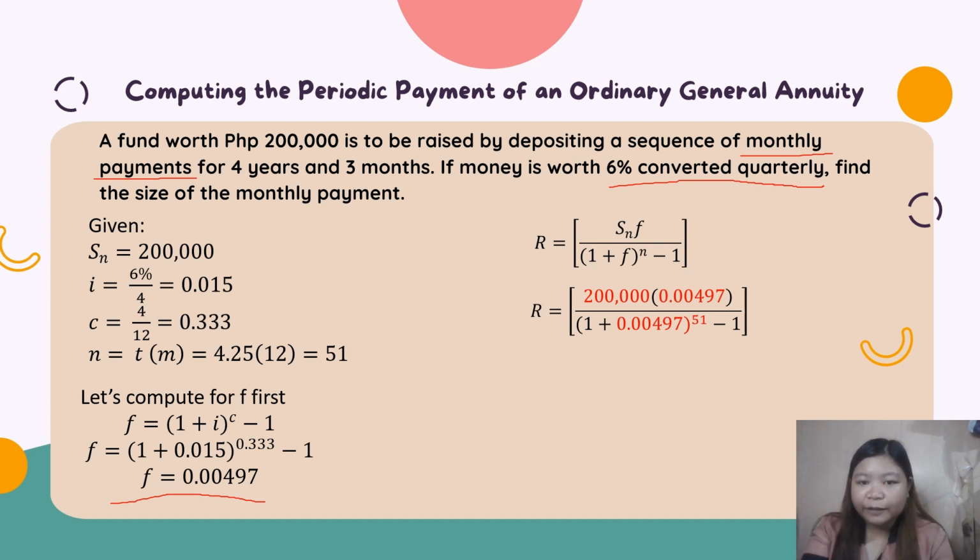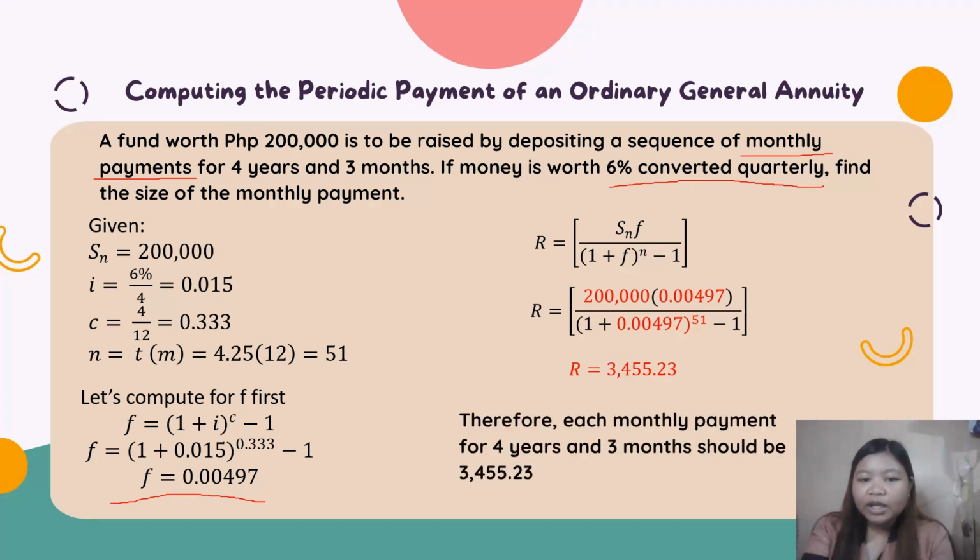So use your scientific calculator to solve this one. So we have now 3,455.23. Therefore, each monthly payment for 4 years and 3 months should be 3,455.23.